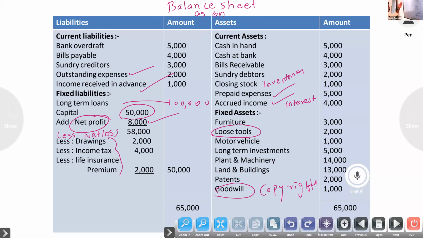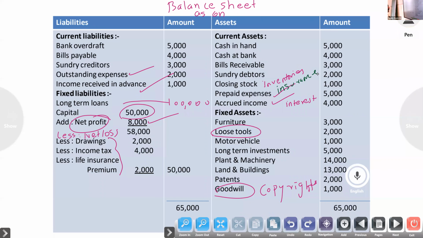Balance sheet. Cash in hand, cash at bank, bills receivable, debtors, current assets, everything. Closing stock, extra items, outstanding income, prepaid expense, accrued income. Adjustment items: prepaid expense, accrued income, prepaid insurance, expense paid in advance.